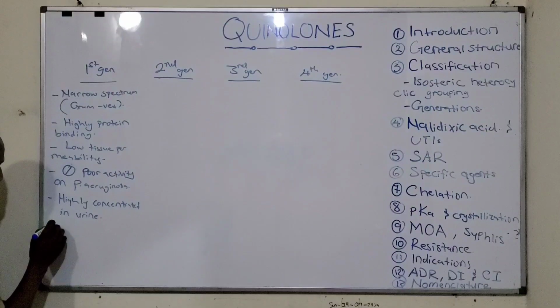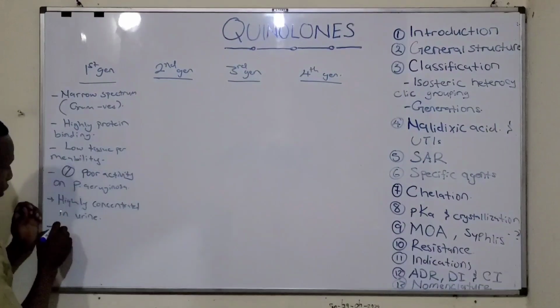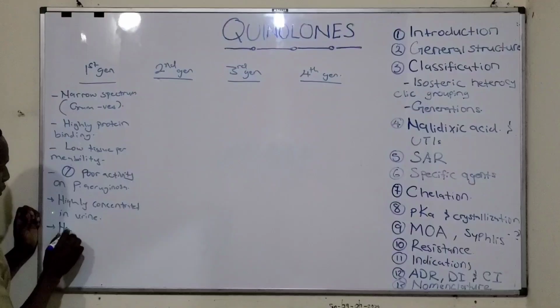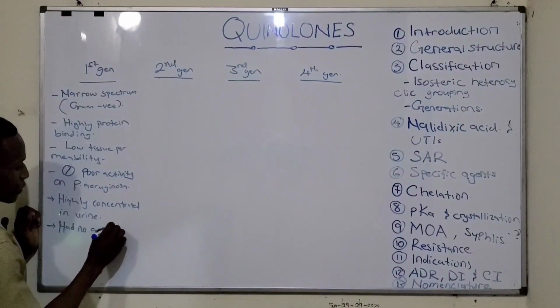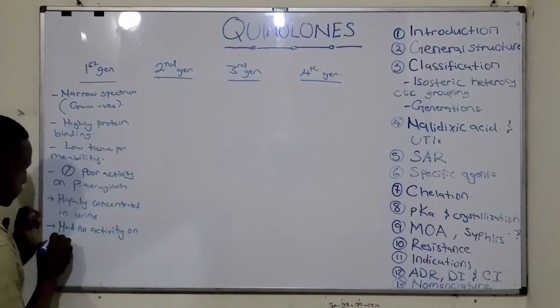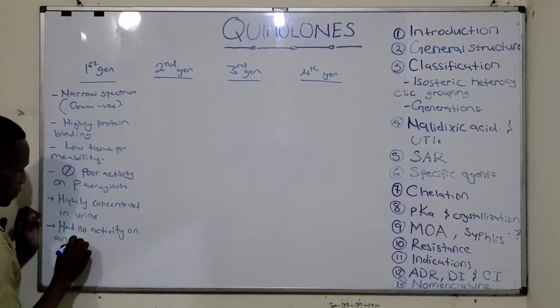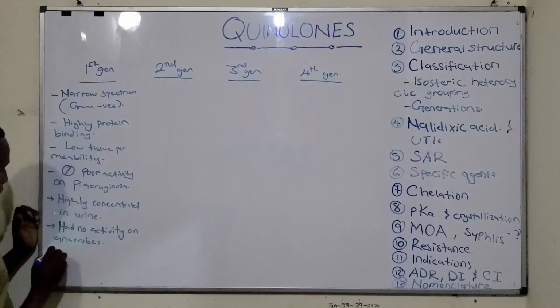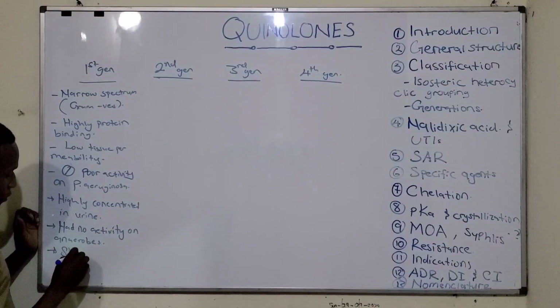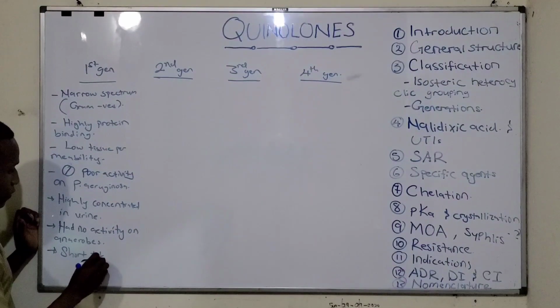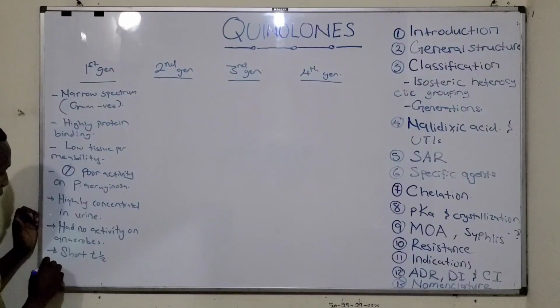The first generation had no activity on anaerobes. They had a short half-life and were highly metabolized.